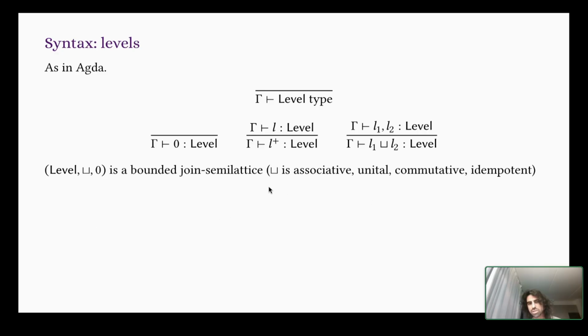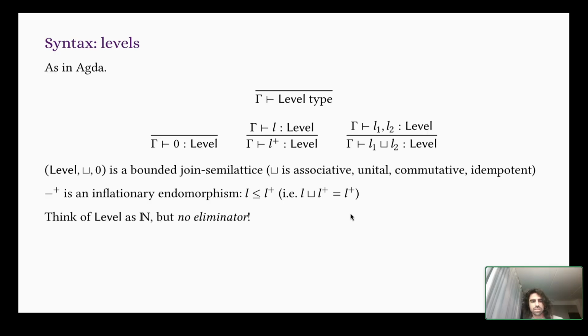This just means that the least upper bound is associative, unital with respect to 0, commutative and idempotent. And we also ask for the successor to be an inflationary endomorphism, which is a fancy way of saying that l is less than l plus 1, which in turn just means that we have this equality. And the intended model for the type of levels is the natural numbers, but it's not the only model because we don't have an eliminator.